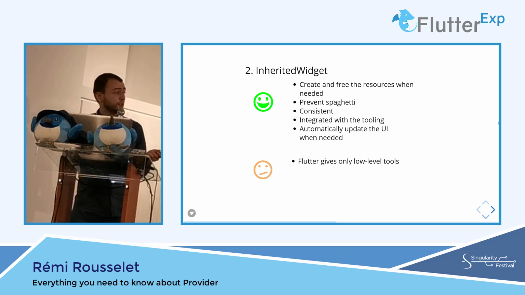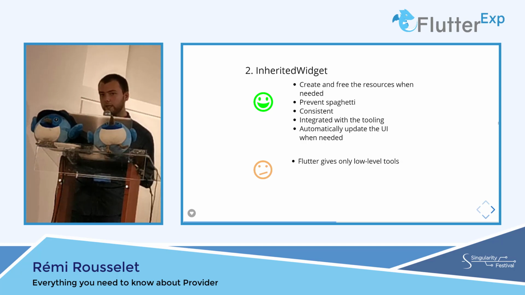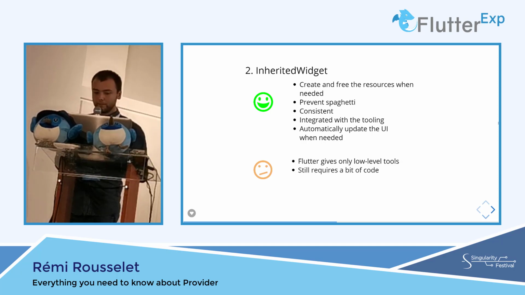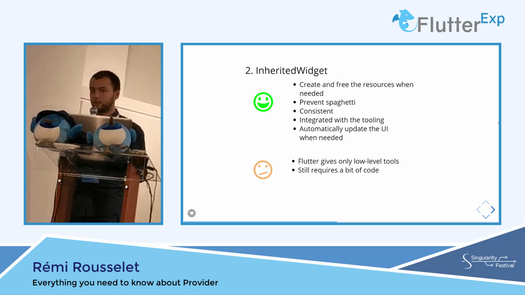But the issue with this is that Flutter gives only very low-level tools. It only gives an abstract class, and every time you have to implement it yourself. And it's kind of boring. Due to this, it still requires quite a bit of code, a lot more than your typical global variables.